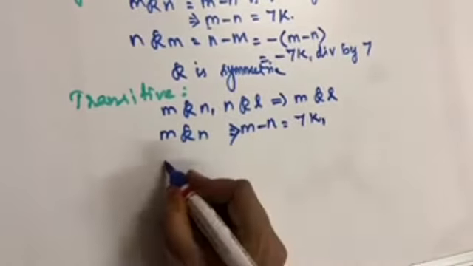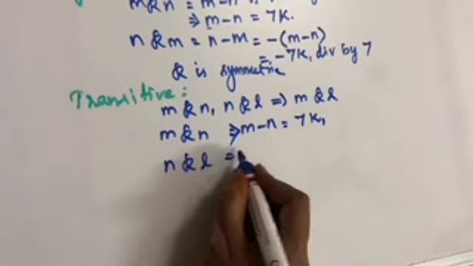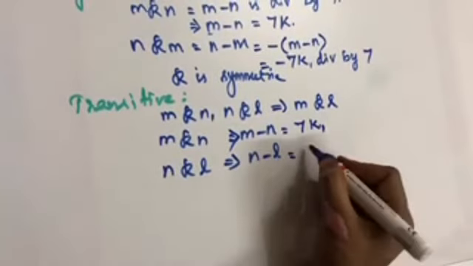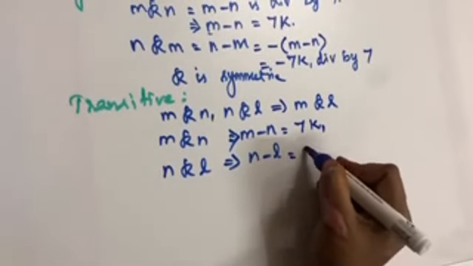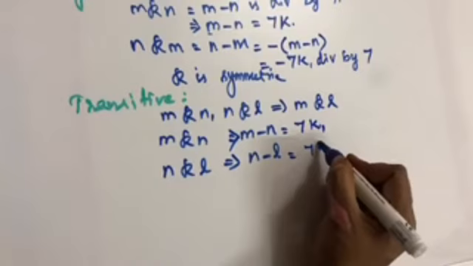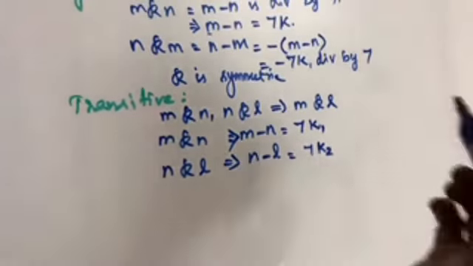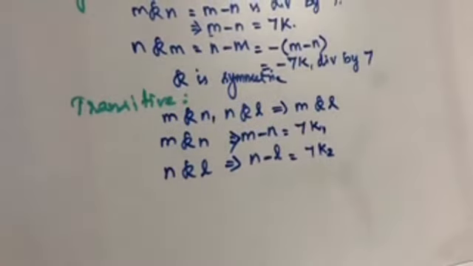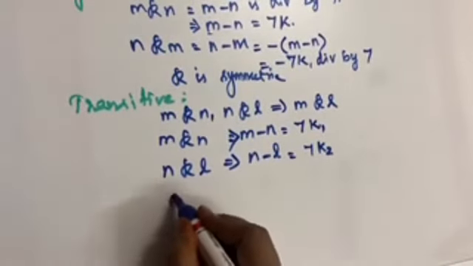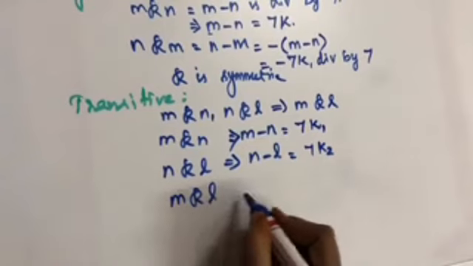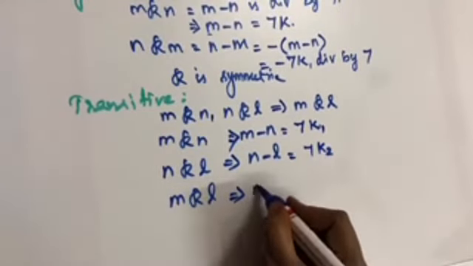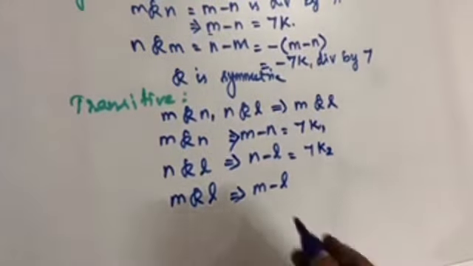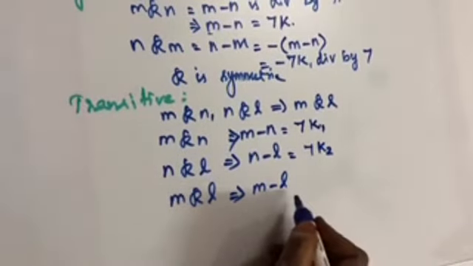Next, n is related to L means n minus L is also divisible by 7. Okay, so it is 7k2, some constant. But what we have to prove now, m is related to L. That is, okay, shall we check it? M is related to L means m minus L is also equal to some multiple of 7. This also should be divisible by 7.